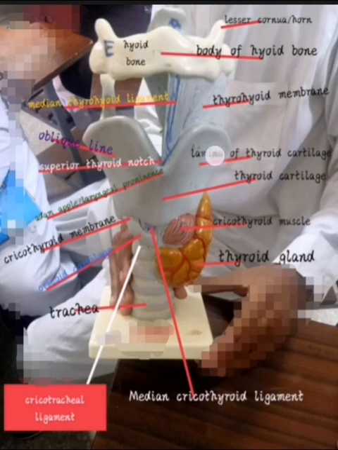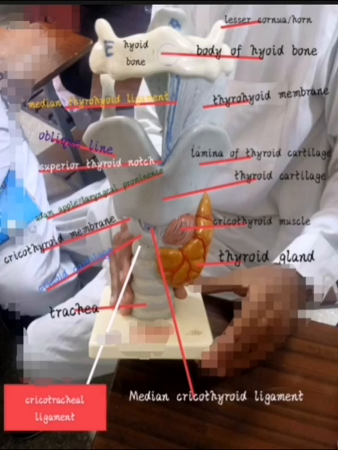Right, two oblique lines will be on the exterior aspect of the thyroid cartilage, and the V-shaped notch is known as the superior thyroid notch, and the V-shaped notch having a central elevation is known as the Adam's apple or laryngeal prominence, right? So this prominence is laryngeal, meaning related to the larynx, and laryngeal prominence is also known as Adam's apple.